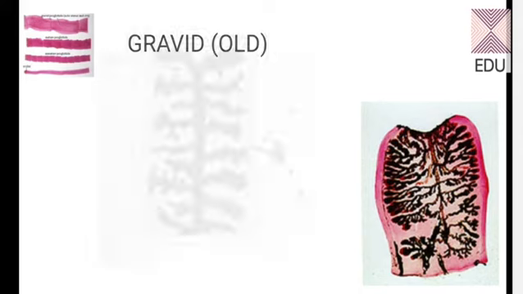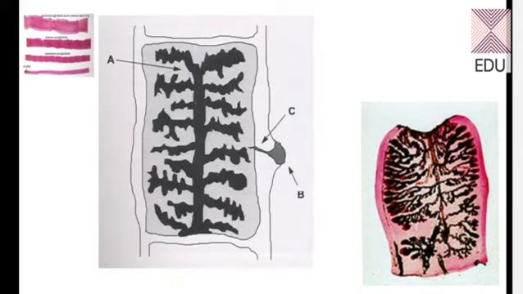If we go by the diagrammatic structure of the gravid proglottid, A is the branched uterus. You can see the number of branches of the uterus. The branching is so that it can store a large number of capsules.